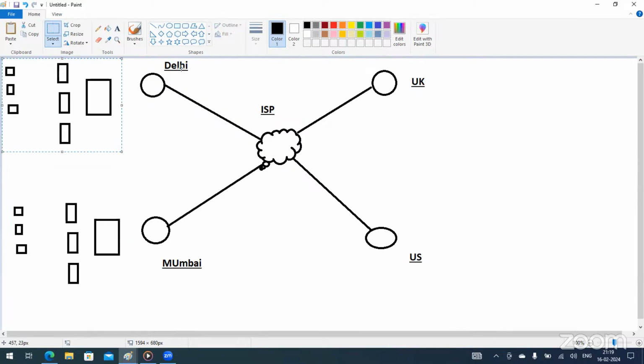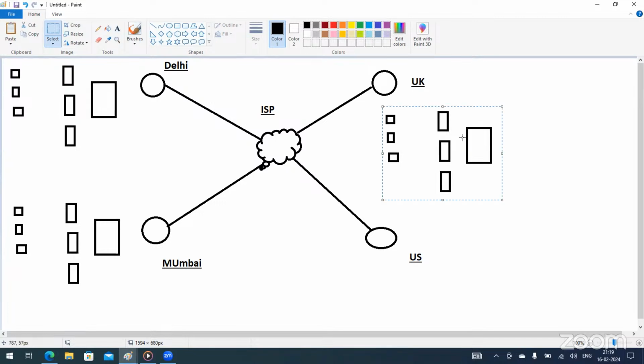Mumbai, UK, similar infrastructure would be there everywhere. Now, if a user in Delhi wants to, let's say, share a file with a user sitting in the UK, this would be the path, right?